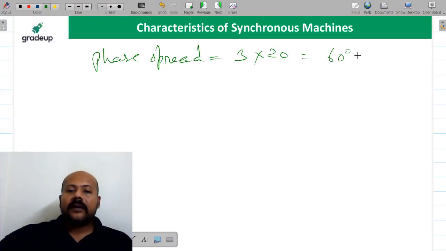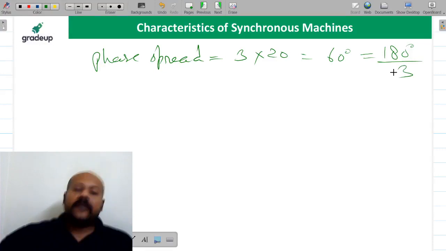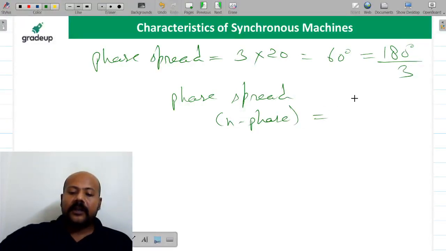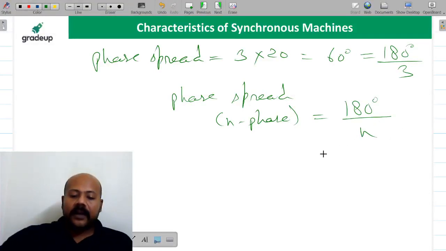This is how we are going to calculate it. Is it clear? Now you can write it in this fashion also, 180 degree divided by 3. Yes, Ranjit Mahal, you are right, per phase. So if you want to know the phase spread for an n-phase system or machine, it is going to be 180 degree divided by n.